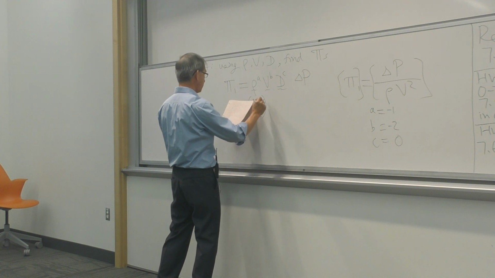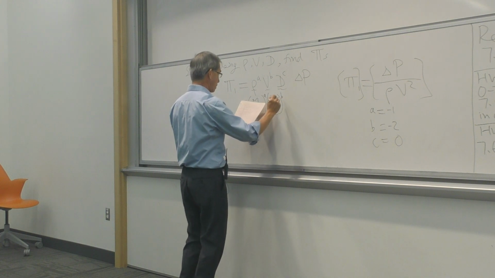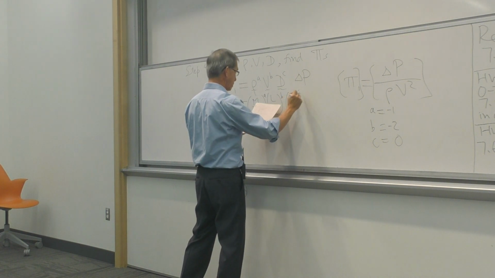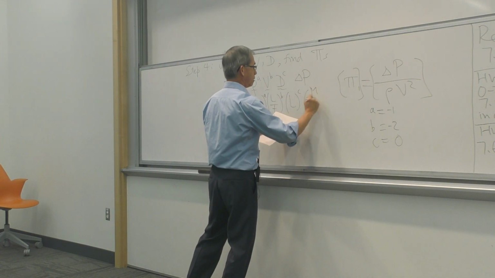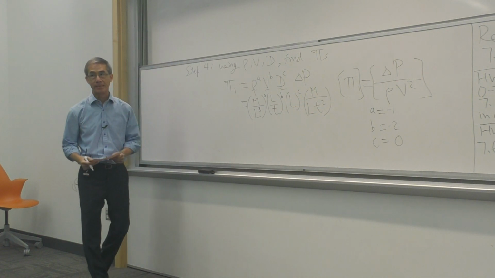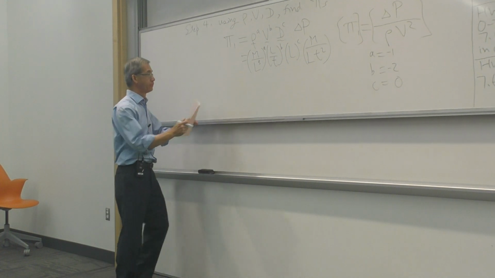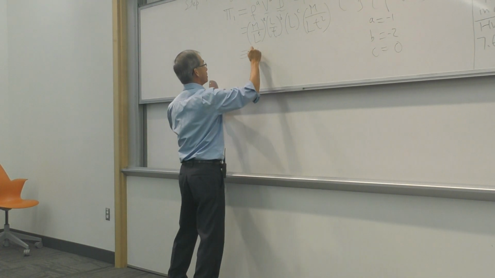The 3 unknowns are A, B, and C. How? Well, I'm going to express them in terms of my fundamental mass, length, and time quantities.